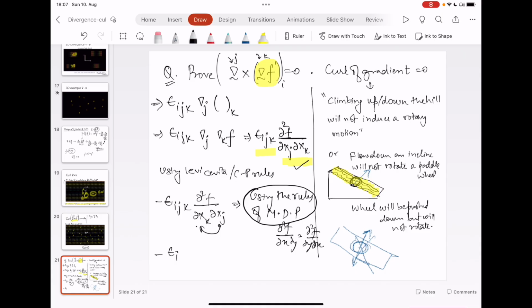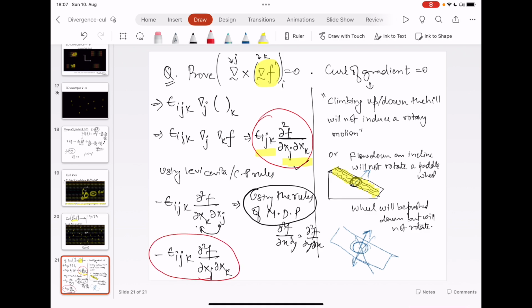The minus sign won't change because I'm using the rules of MDP, and you have epsilon i j k dou square f by dou x j dou x k. Okay, so now you have a situation where this entity is equal to the negative of the same entity, and that could only happen when they are zero. Okay, hence the curl of a gradient of a scalar field is zero.